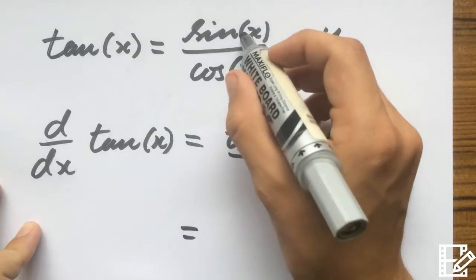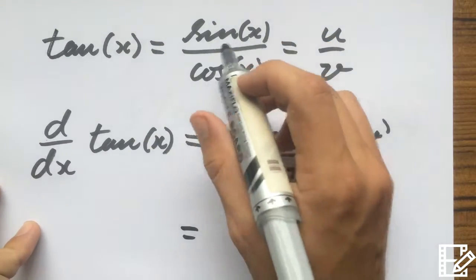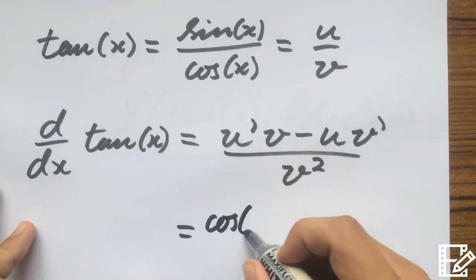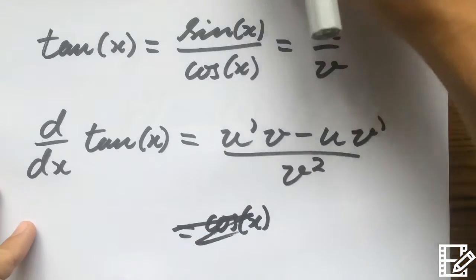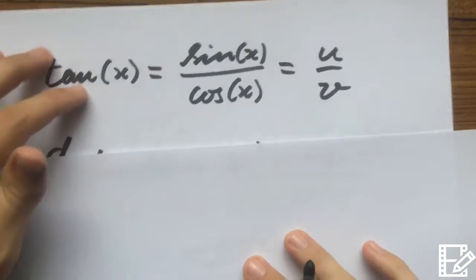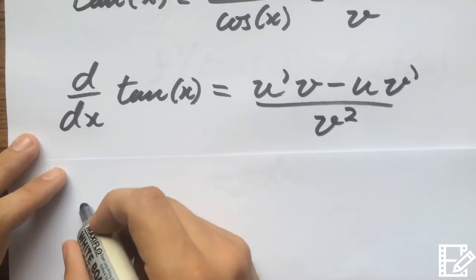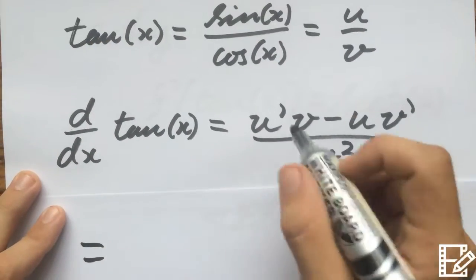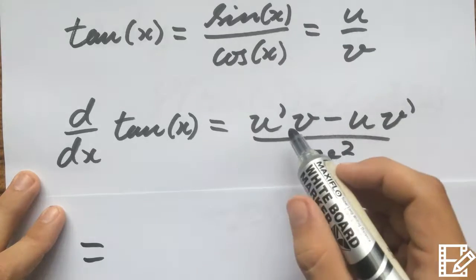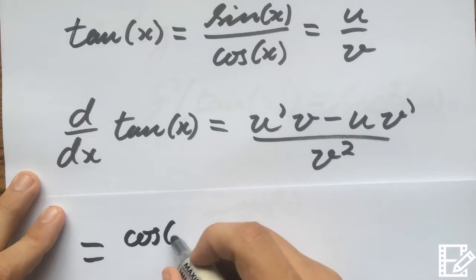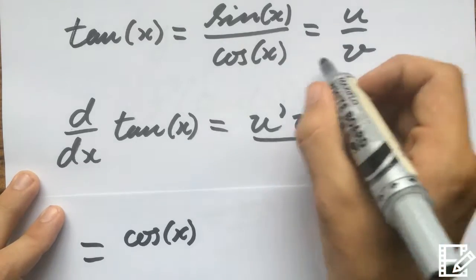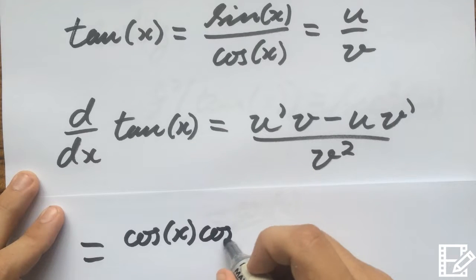If u is sine x, then u dash, the derivative of sine x, is cos x. I'm going to grab another piece of paper because I'm going to run out of room. Okay, so u is sine x, the derivative of u is cos x. v is cos x, so we multiply it by cos x.